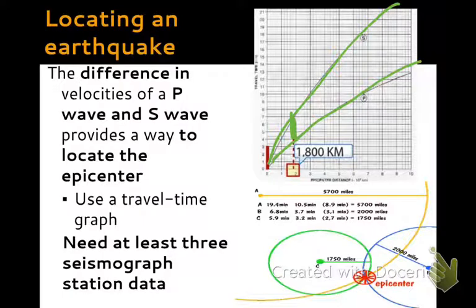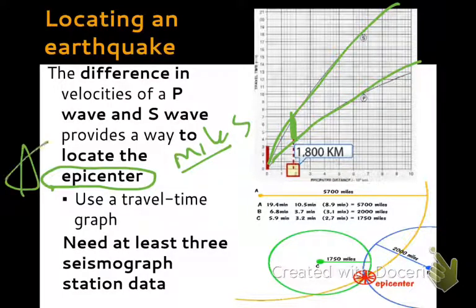So they take that little line, which is miles, and they're going to make it a radius of a circle, and they're going to connect 3 different circles, and that's how they're going to get the epicenter. Now I'm going to show you exactly what I'm talking about on the next slide, but for now, just know they do a graph, they figure out the little line, and they convert that line into miles. And they're doing that to find the epicenter.